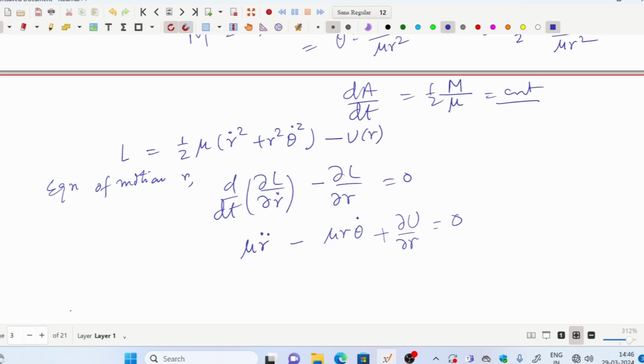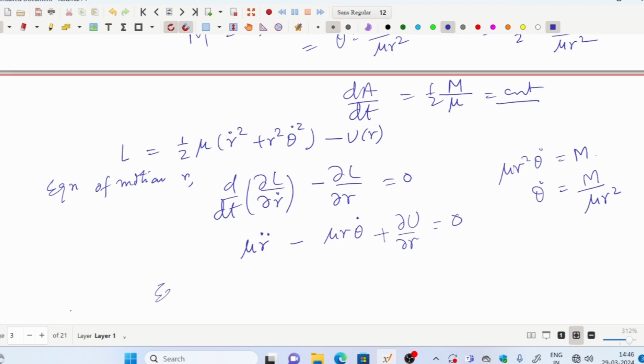Now, if you substitute theta dot in this equation, then you will get the equation of motion for the particle, because we already have seen that mu r square theta dot is your angular momentum. So, theta dot we substitute as m by mu r square.